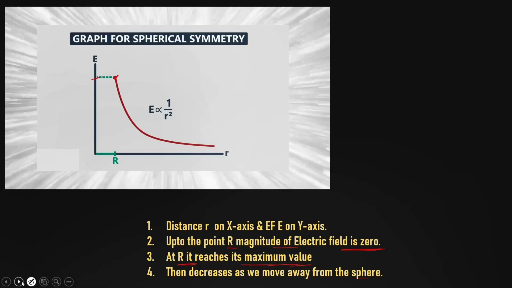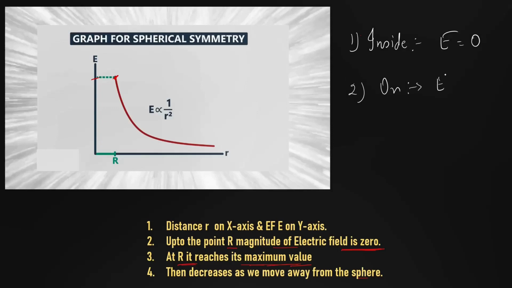So here we have depicted three situations. First is inside the shell, where the electric field intensity was 0. Second is on the shell, where the electric field intensity has its maximum value.